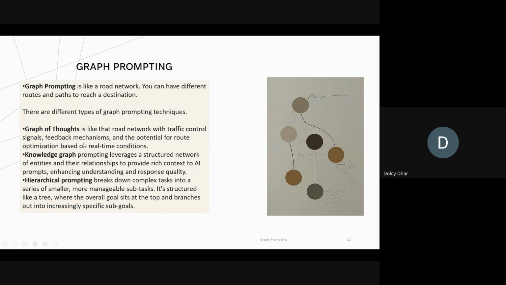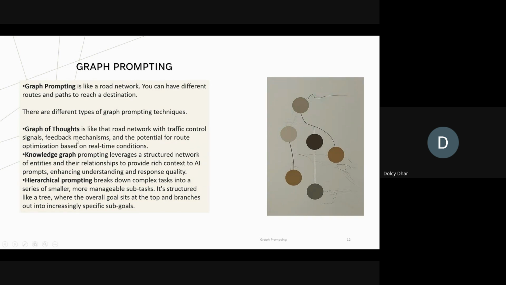Basically, graph prompting is a more realistic way of modeling human thinking, where you can ask the LLM to model different types of relationships in any number of directions. The LLM can trace back its steps, or change the route, or arrive at the same point through multiple routes, and all of those things. That kind of human thinking can be modeled in graph prompting.